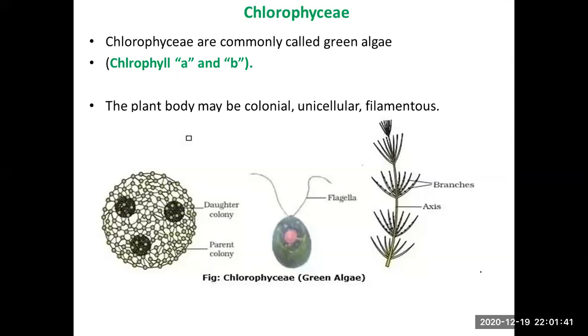Example for colonial form is Volvox. Example for unicellular algae is Chlamydomonas. And example for filamentous algae is Chara.